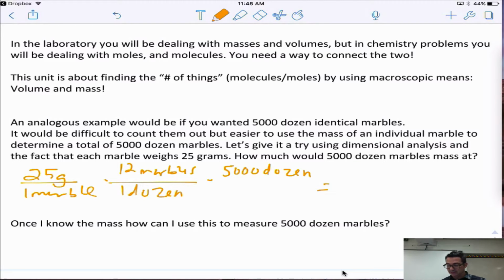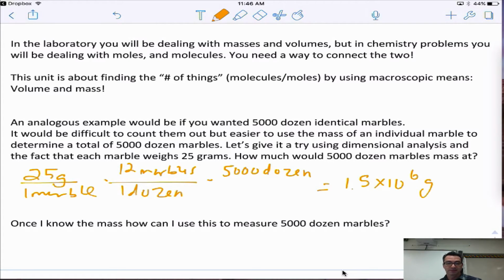So if I go ahead and do that, I'm just going to take my phone and actually calculate it. So we would have 25 times 12 times 5,000. And so that would give me a total of 1.5 million, 1.5 times 10 to the 6 grams.